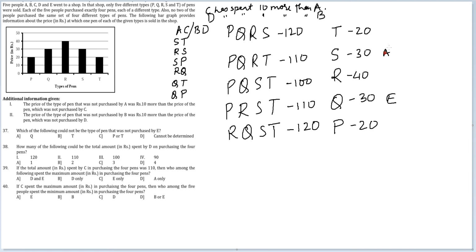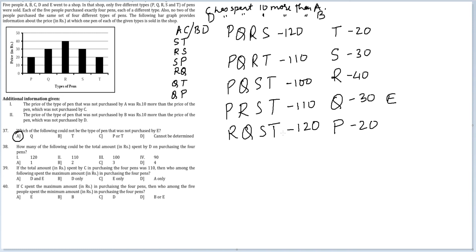In fact, if E is buying PRST and not buying Q, you cannot have A, C, B, D placed appropriately. Therefore, this is a potential answer.